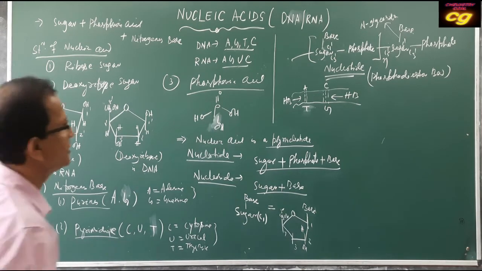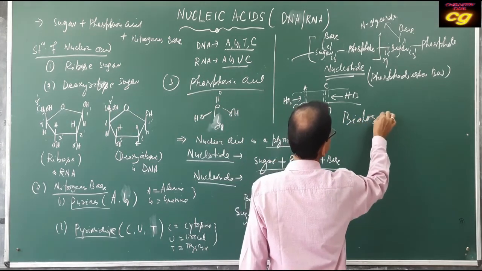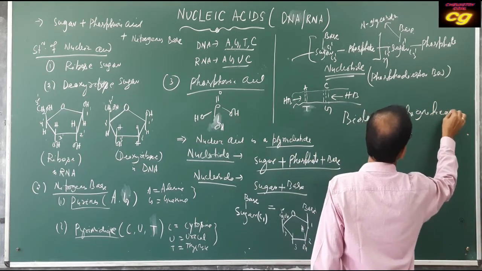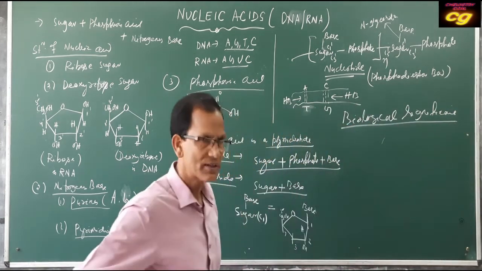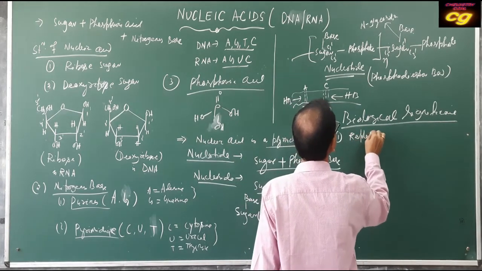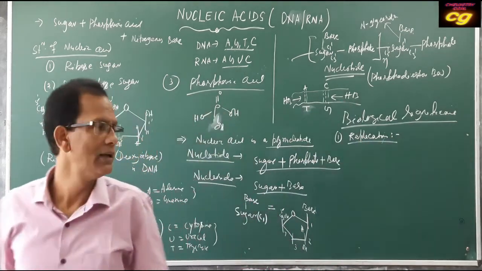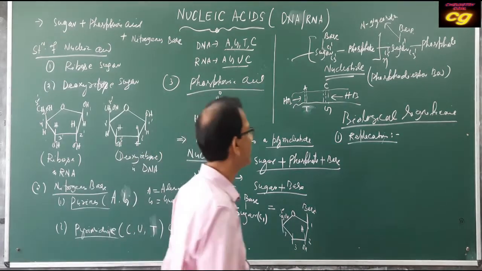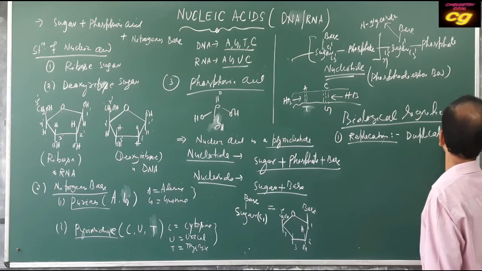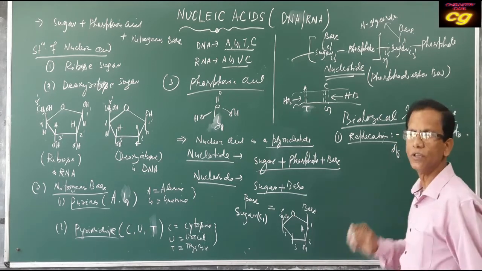Then the very important thing is biological significance. First important thing is replication. During cell division, the formation of a duplicate copy of DNA is called replication.